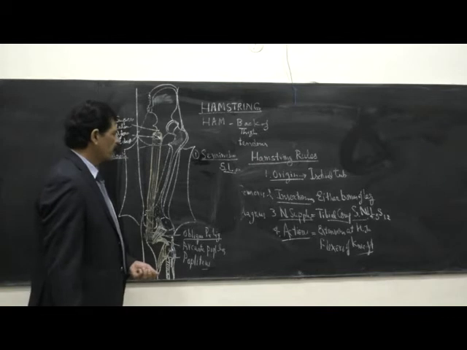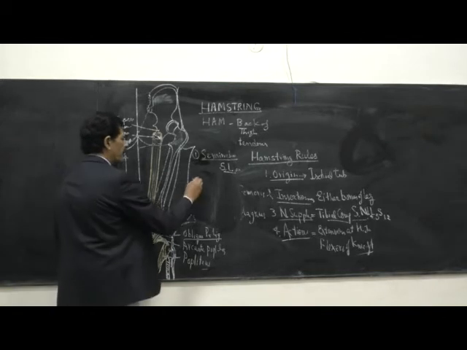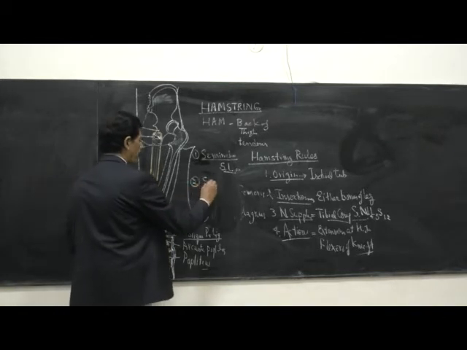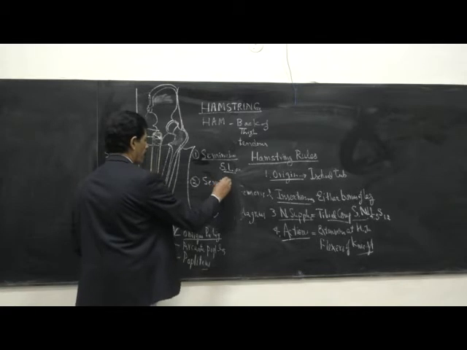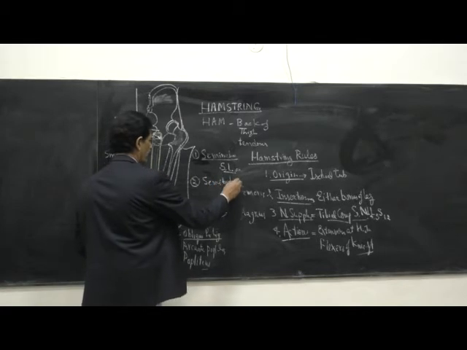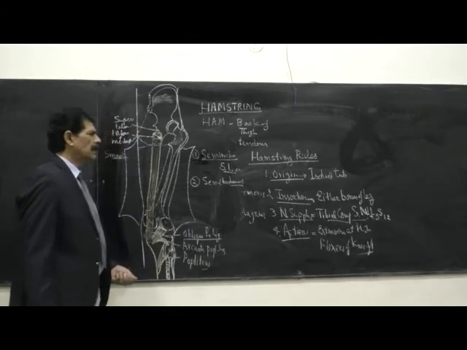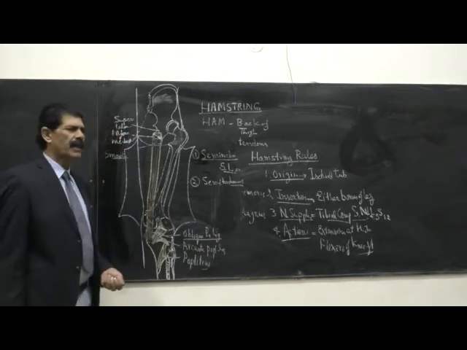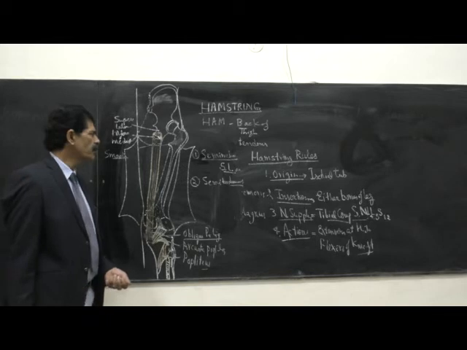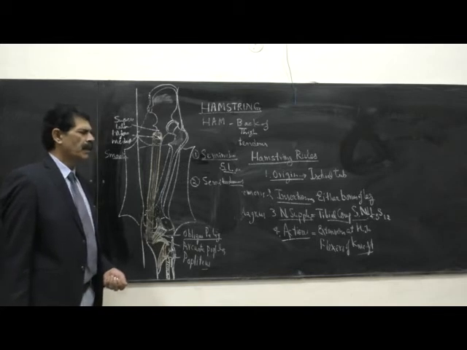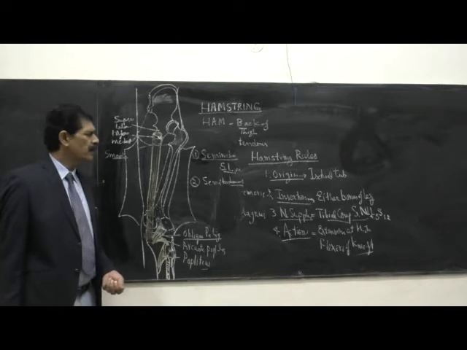Then the next muscle we will do is the semitendinosus. Semitendinosus is tendon-like at the origin as well as the insertion, and this muscle takes origin from the inferomedial part.